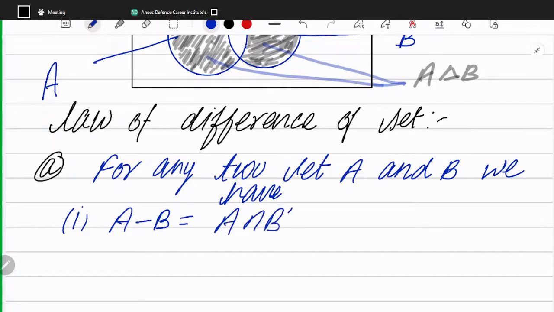B dash means complement of B. In place of A minus B, I can write A intersection B dash.